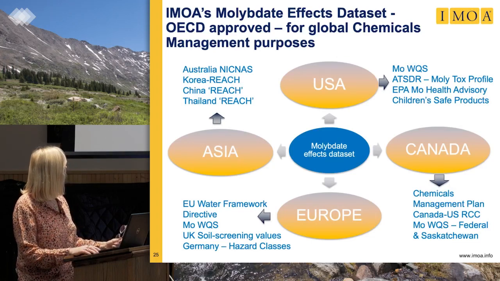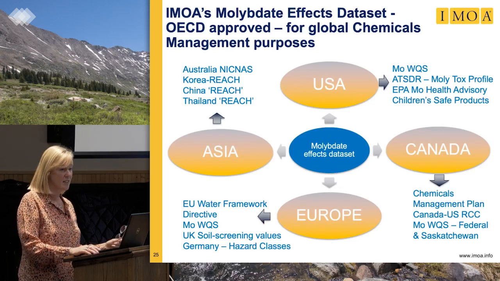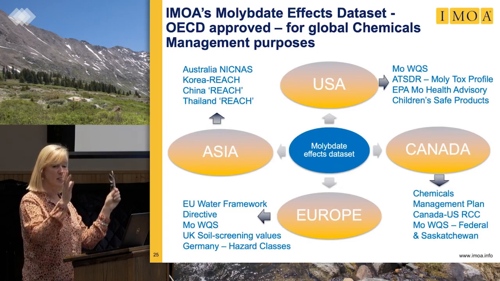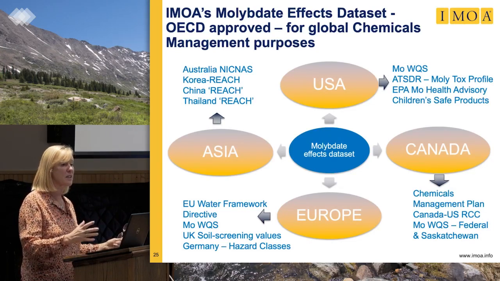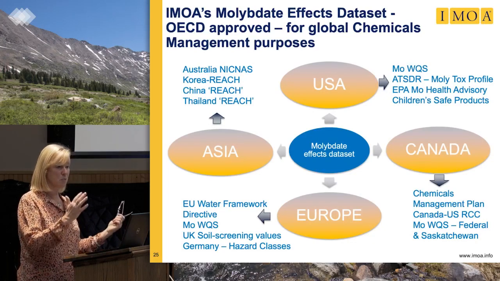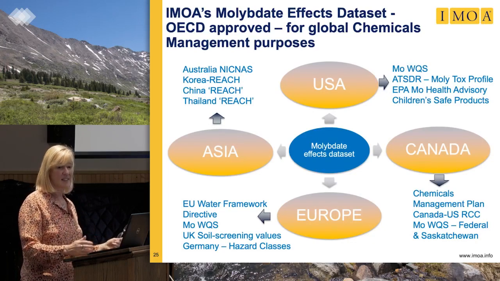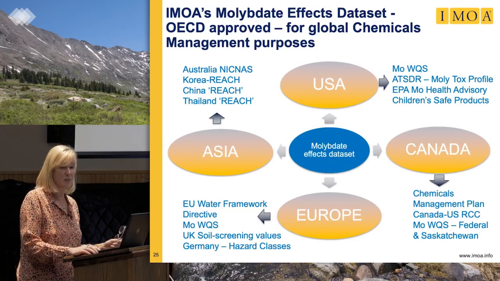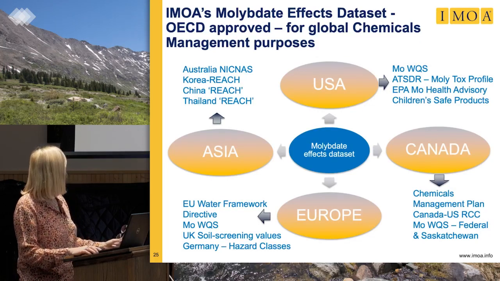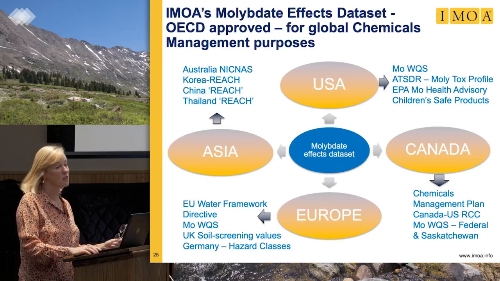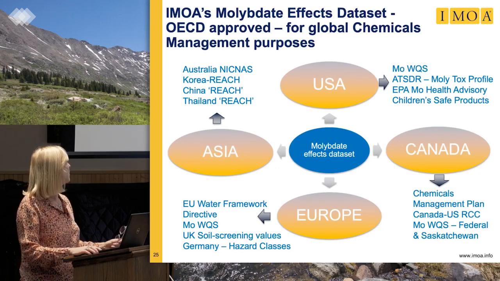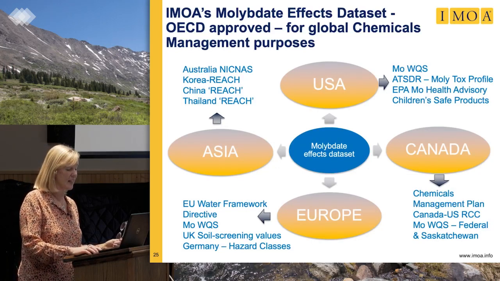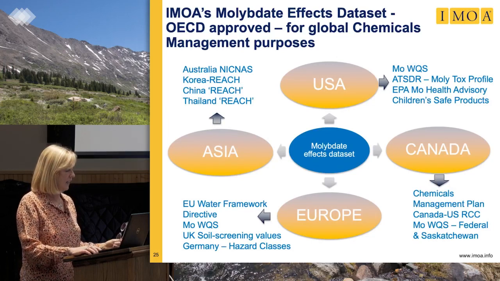And also in Europe, the Water Framework Directive, they draw up a list of potential contaminants that need regulating. They had molybdenum on the list. They did take our data, and then we were no longer in the queue for being regulated. Moly water quality standards, soil screening values, and also Germany's water hazard classes.